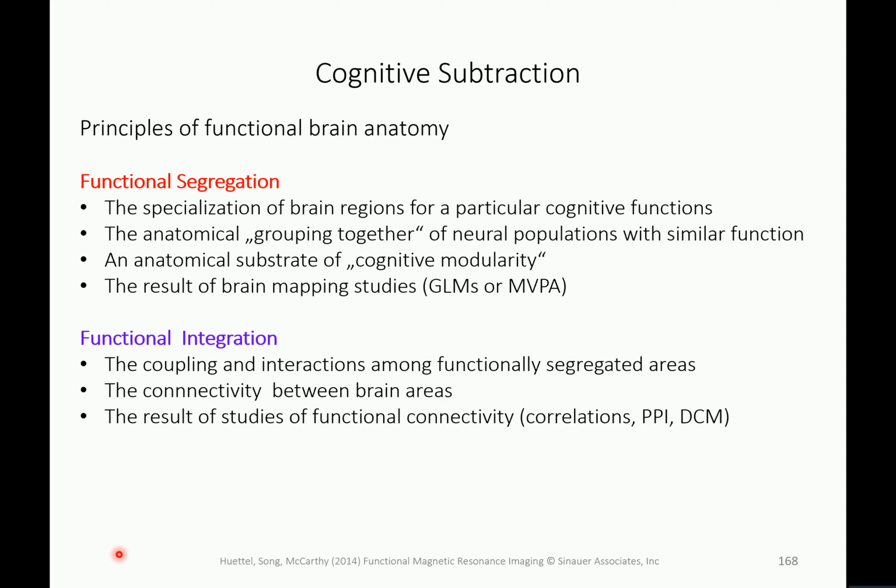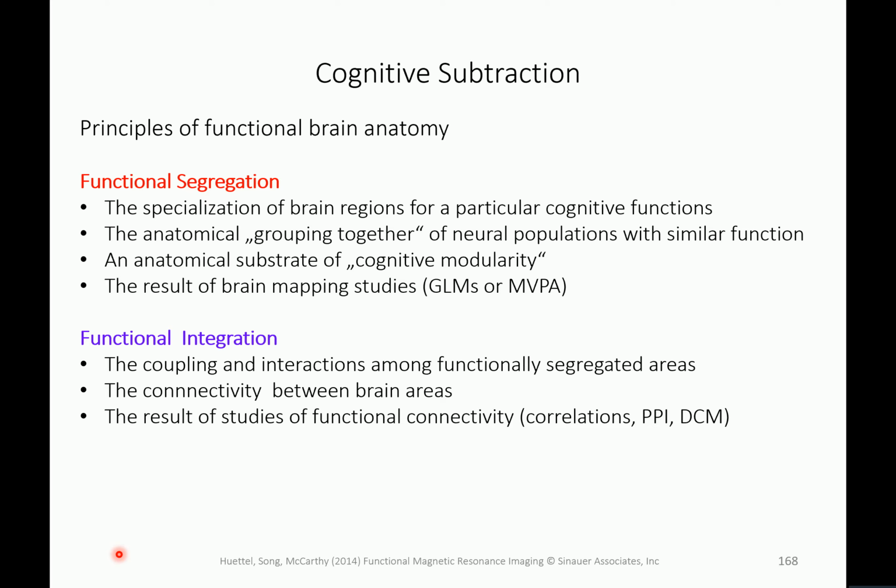Again, this is closely inspired by vision. There are neurons that respond to basic visual properties, or there is something called V1 that always lights up in fMRI experiments when you show a visual stimulus, and other brain areas do not light up as much. So there's definitely some grouping together of neural populations with similar functions, specifically in the sensory domains.